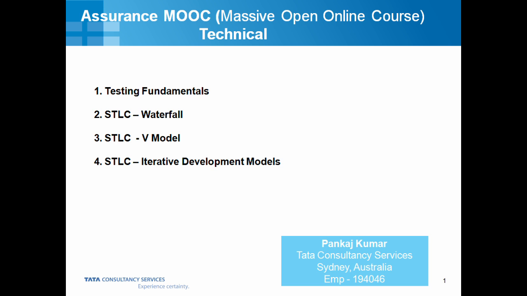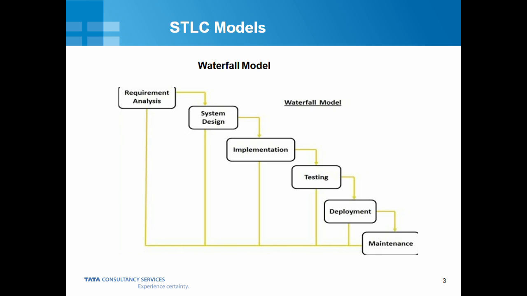Coming to software testing, we could talk a little bit about the software testing life cycle. We'll be primarily dealing with three of those: waterfall, V model, and iterative development models. Now, the example I would want to use for all three is that a new bank, say Bank A, wants to launch a good interface for all its customers.